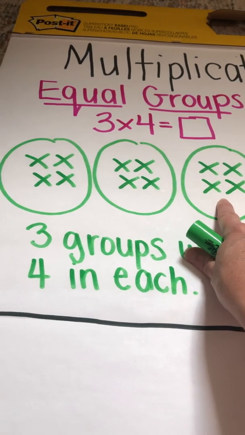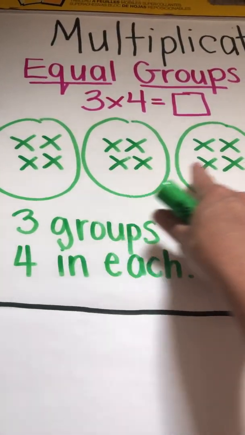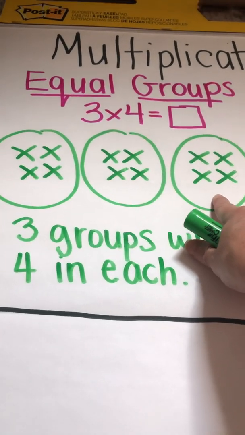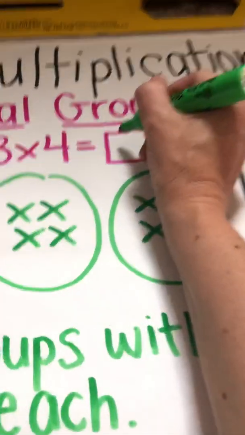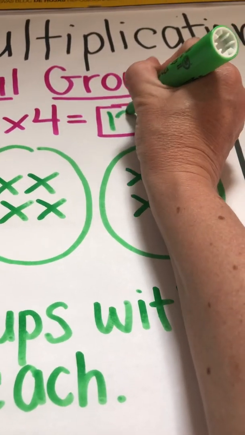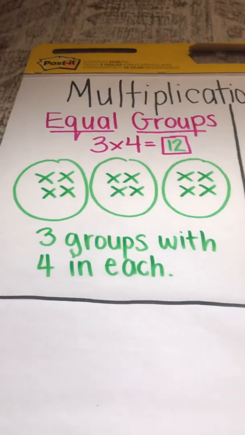So if I'm skip counting, it would look like this: 4, 8, 12, which gets me the same product that I came up with earlier. So I'm going to go ahead and write that in my box. I now know that 3 times 4 has the product of 12.